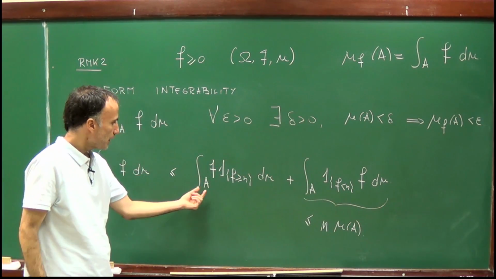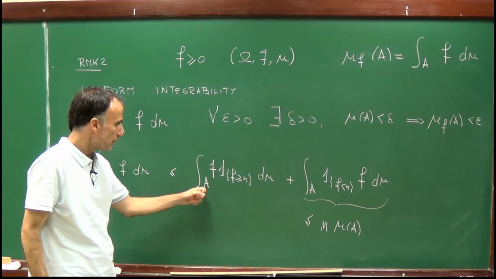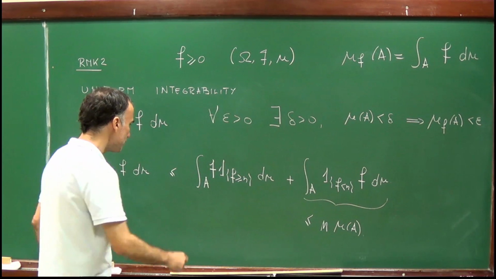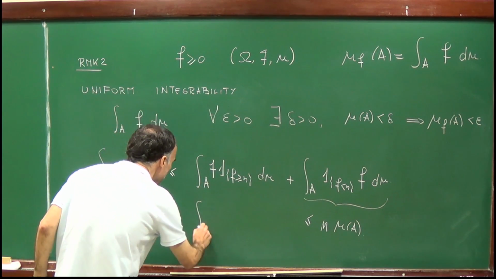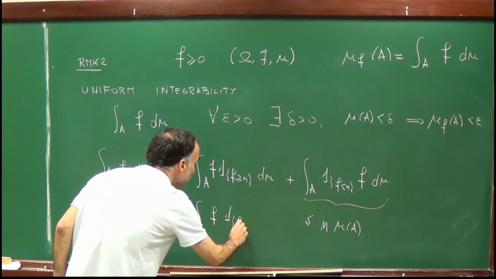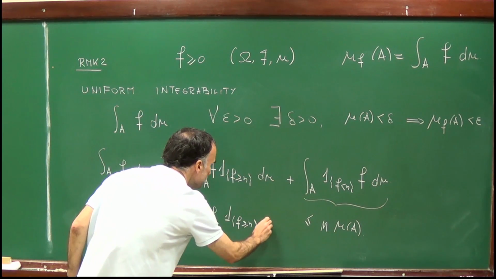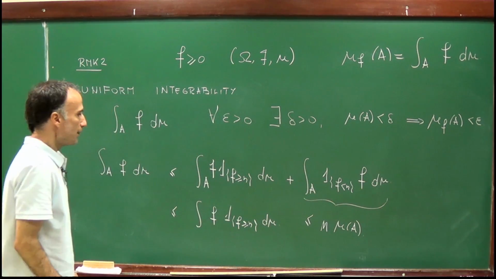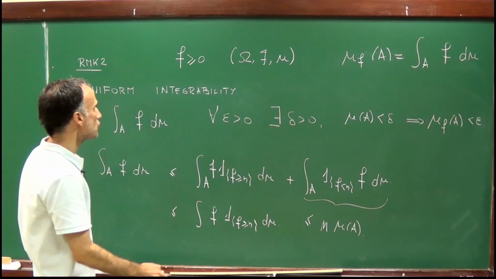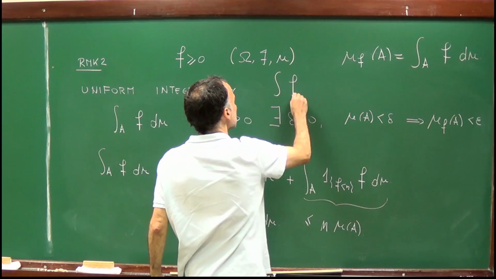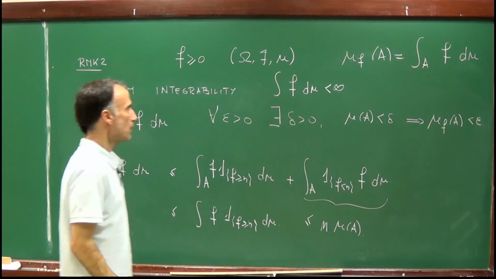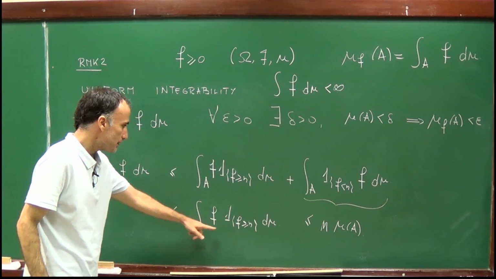While for that one, I can just ignore that we have A here and bound that integral by the integral of f over {f larger or equal than n} d mu. Now, if I assume that the function f is integrable, so let me assume here that the integral of f d mu is finite, I can rewrite this expression.